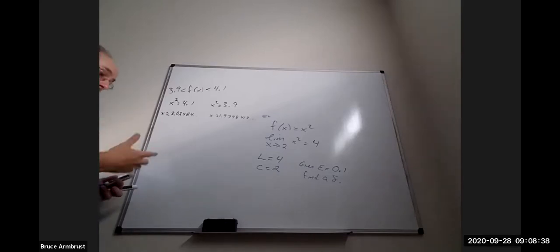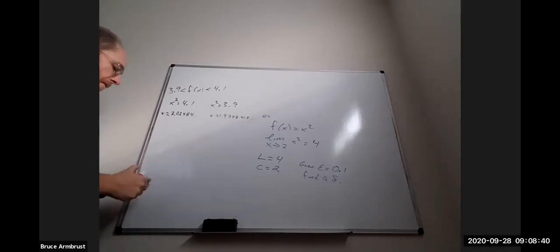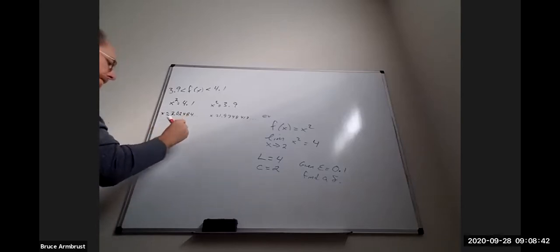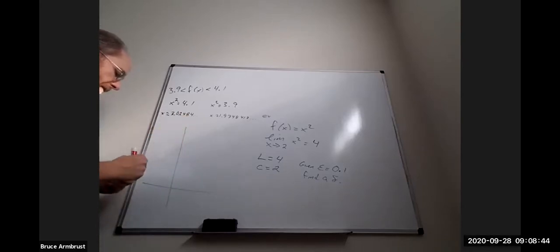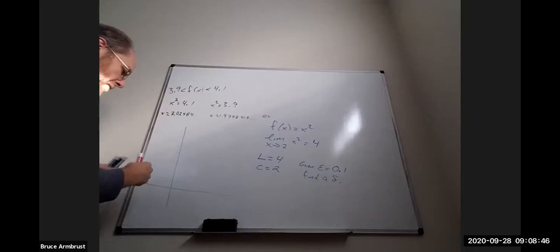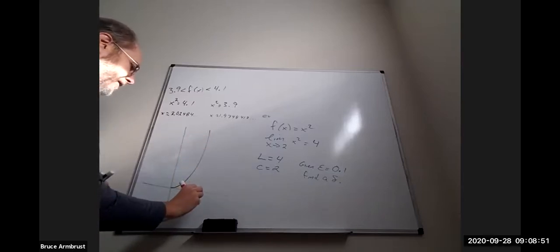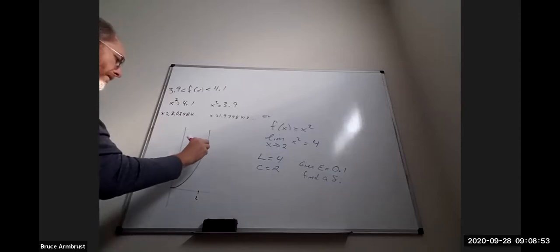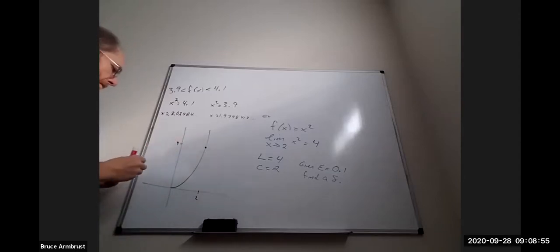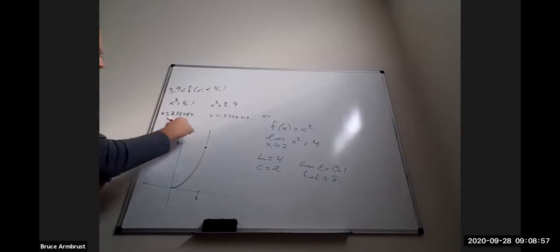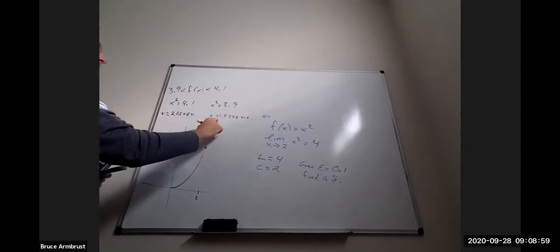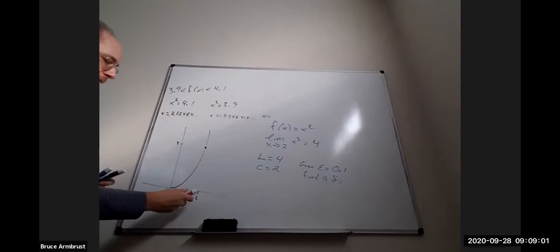On a graph, here's what's going on. We've got our x squared. We're somewhere near 2. Let's just say that this is 2, so here's our point that's 4. These two numbers, the 2.02484 and the 1.9748, those are x values.